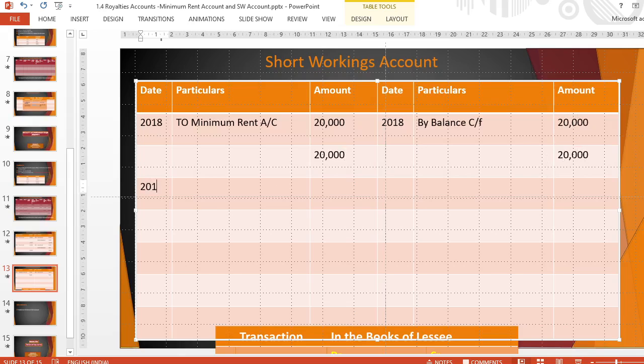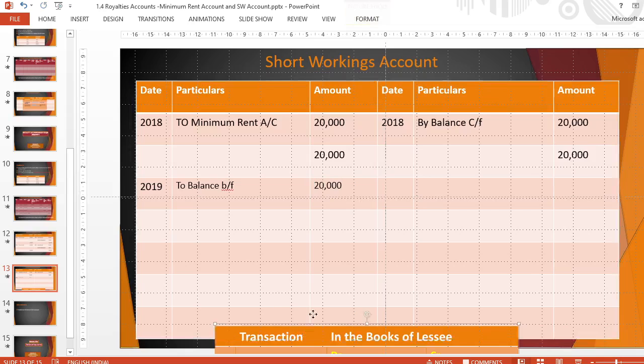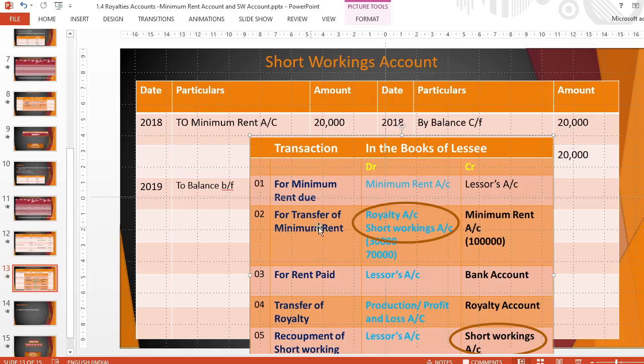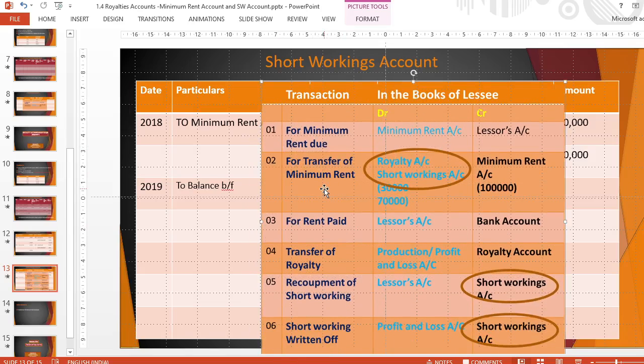And in the year 2019, I'll record the opening balance to balance brought forward. So brought forward balance of short working 10,000. And again, I should check the same three transactions: transfer of minimum rent, recoupment, and written off.